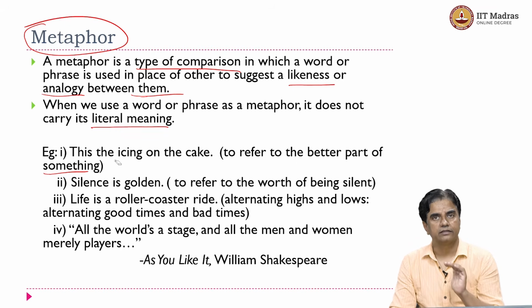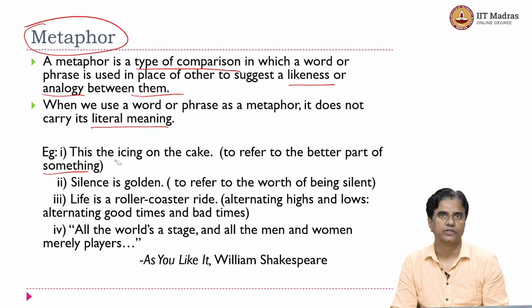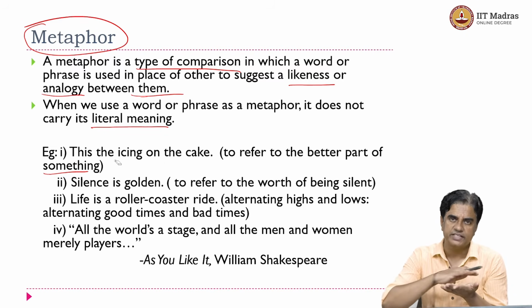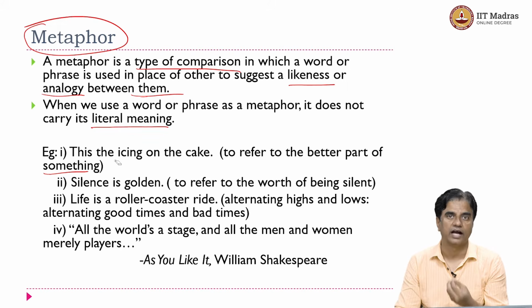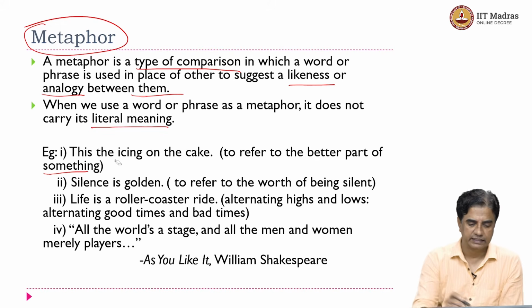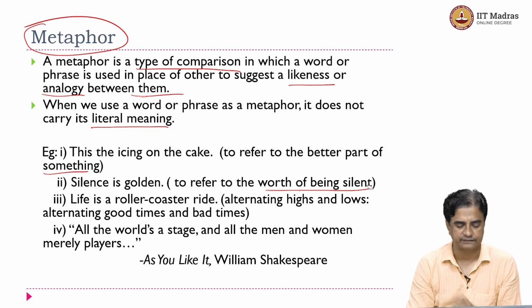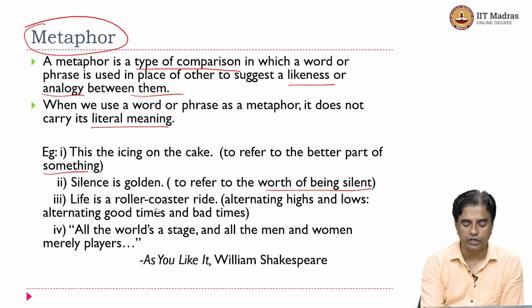Any cake has some decorative, good-looking component on top of it as icing. So if on top of something we put something else, that is called icing on the cake. Silence is golden, to refer to the worth of being silent. Life is a roller coaster ride.